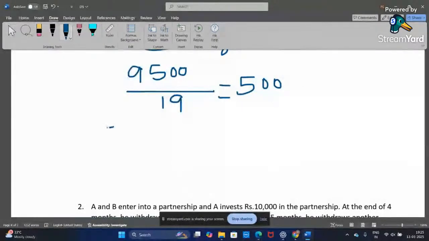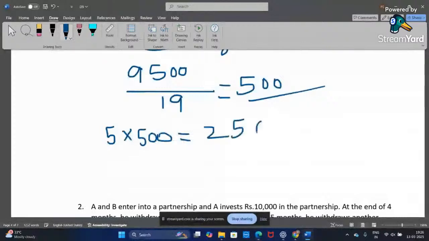We have to multiply 5 with this value. So it is 2,500.